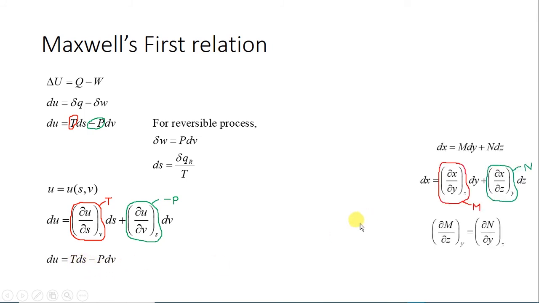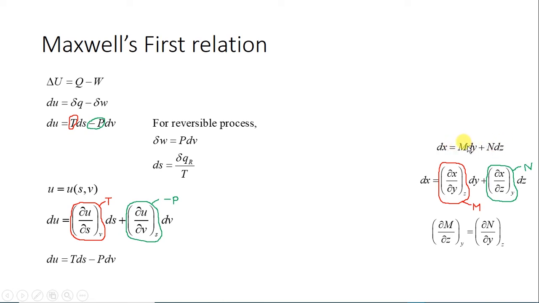Now this is similar to the concept we had seen previously of fundamentals of partial differentiation. So dx is equal to M dy plus N dz. So how did you get this equation now? We differentiated M with respect to z.